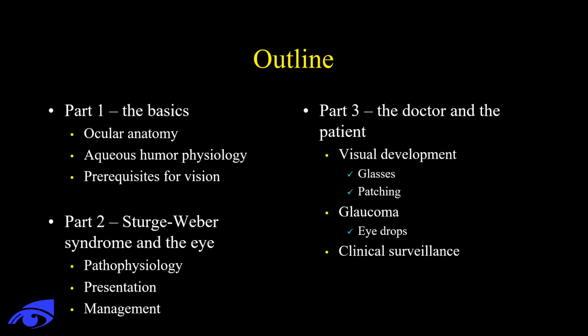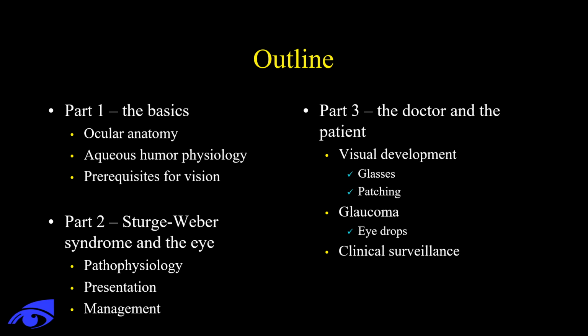So we will break this short lecture up into three major parts. In the first part, we will go over ocular anatomy, aqueous humor physiology, and talk about the prerequisites for vision to occur.